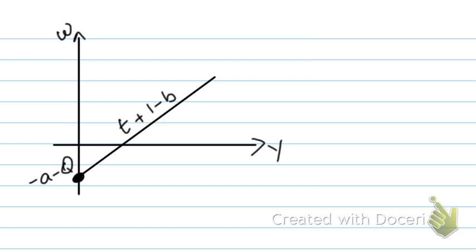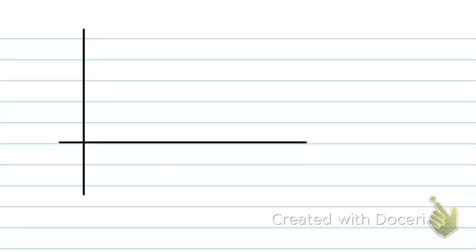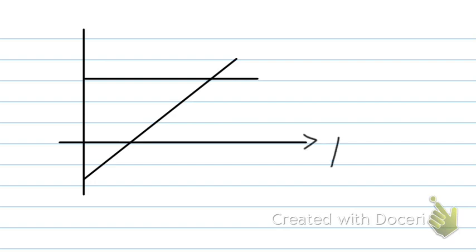So now let's talk about income determination using withdrawals equals injections. So I'll quickly sketch the two functions, right? One will be the injections function, and the other, on the other hand, will be withdrawals. Let me just label this entire diagram quickly.